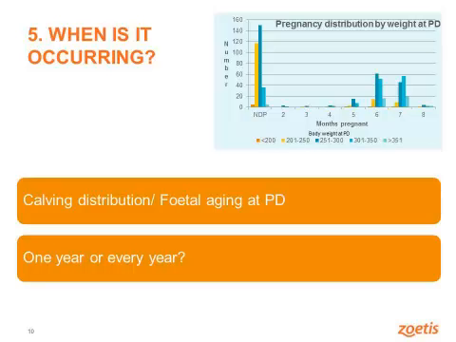The next question is, when is it occurring? We can determine a lot of the when question from looking at calving distribution data. Calving distributions can be determined prior to calving by using estimated fetal ages at pregnancy testing.